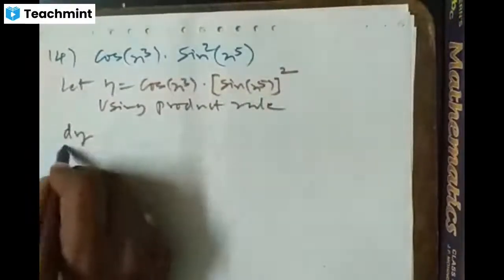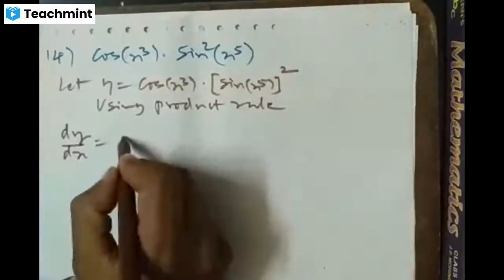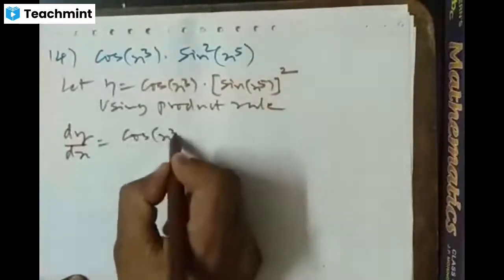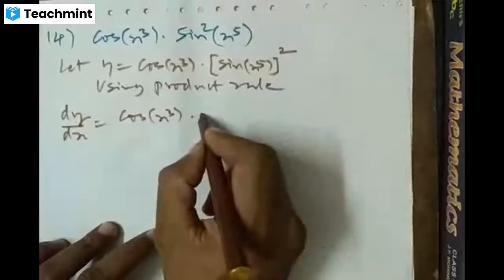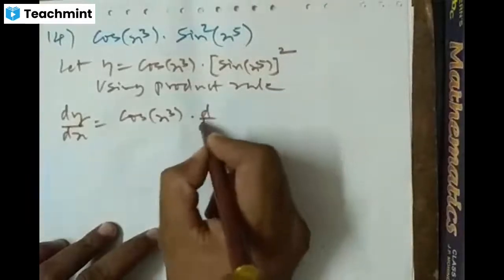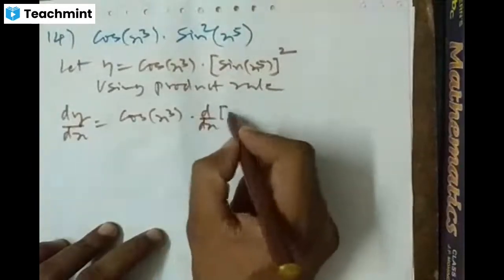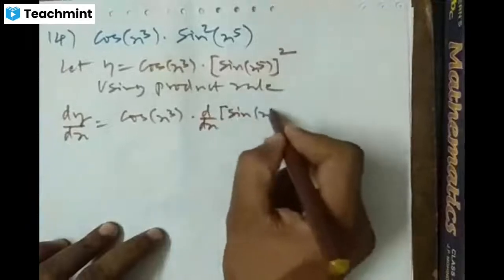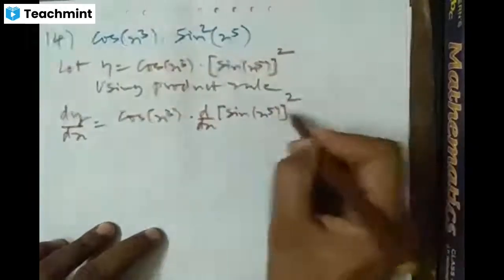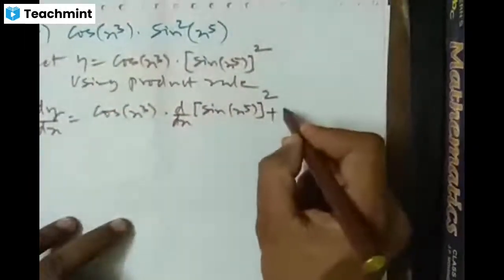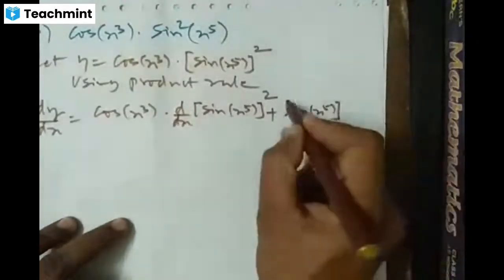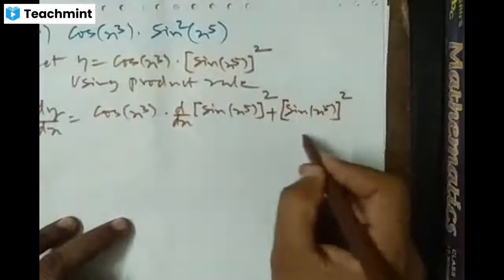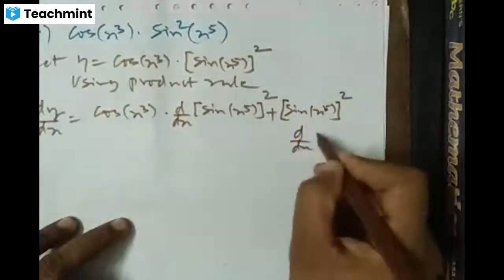Using product rule, we have dy by dx is equal to first function cos of x cube into d by dx of second function, sine of x power 5 whole power 2, plus second function sine of x power 5 whole square into d by dx of first function.